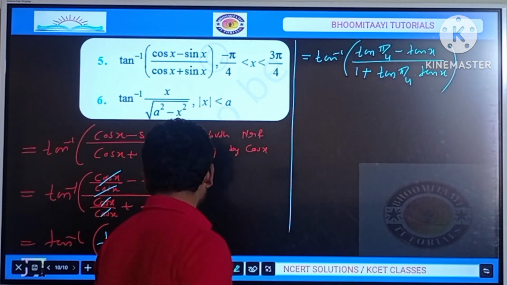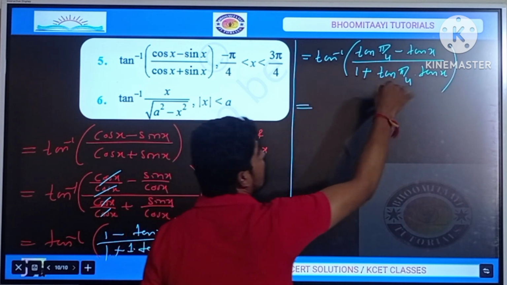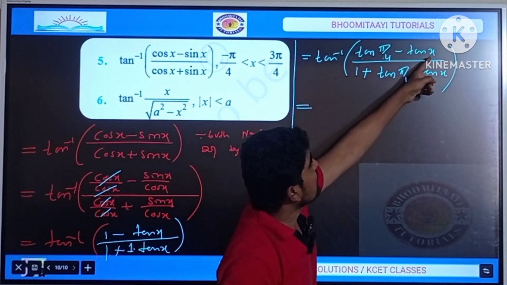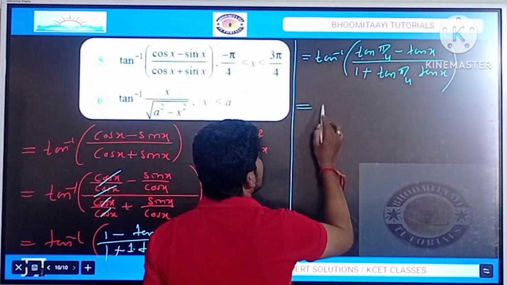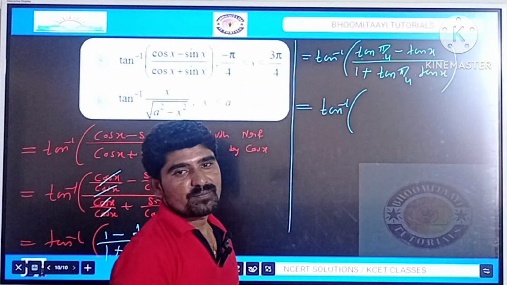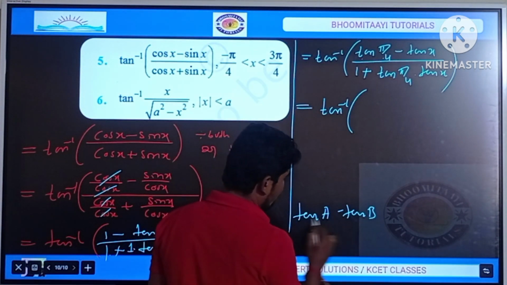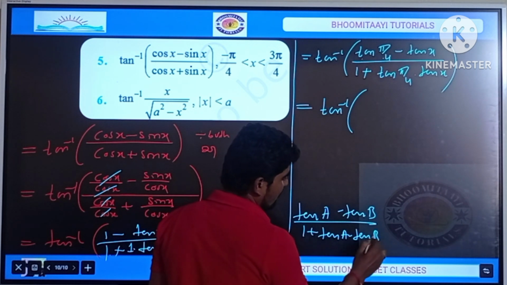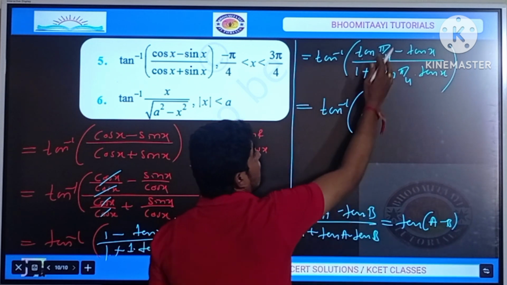So if you replace 1 by tan pi by 4, now the term inside the bracket changes to the form of tan A minus tan B divided by 1 plus tan A into tan B. So the formula is the compound angle formula: tan A minus tan B divided by 1 plus tan A into tan B is equal to tan of A minus B. Therefore here, what is A?